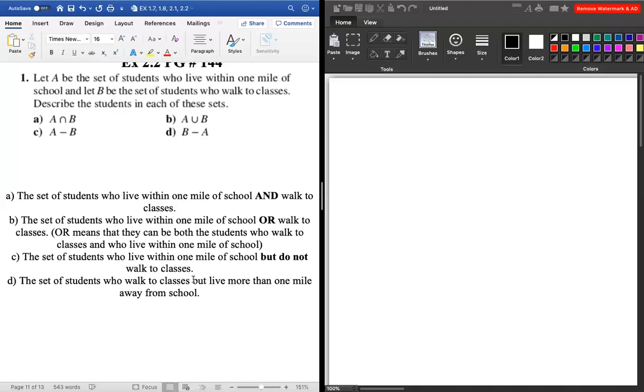Okay, but live more than, here this is the keyword. Okay? So once we reverse the order, the members of that set basically change. The order here actually matters a lot.